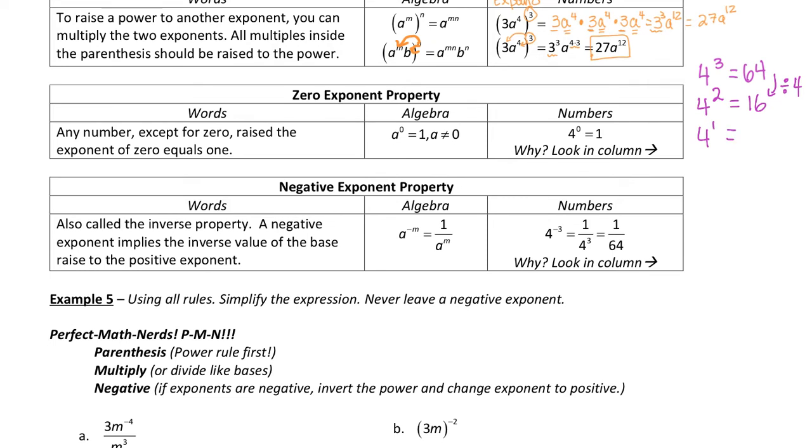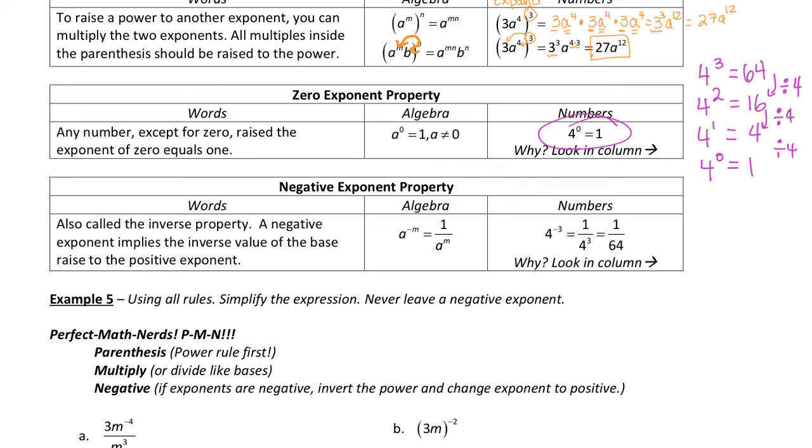If I go down one more power, I get just 4. And notice I divided by 4 again. So to get from here to here. And then my next one would be 4 to the 0. If I divide by 4 one more time here, I'm going to get 4 divided by 4, which is just 1. And that's the rule we just came up with.